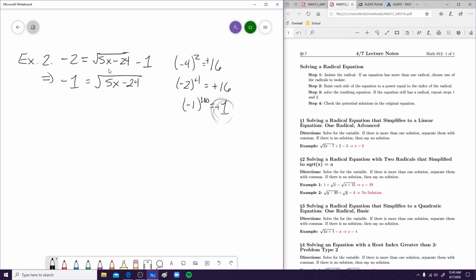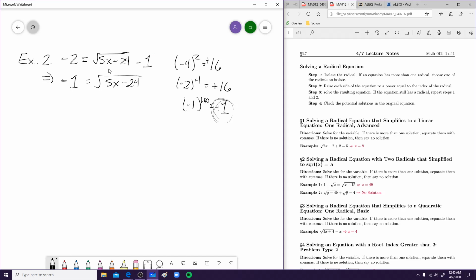And with an even root, what do we know about even roots? There can't be a negative under it. But that's another point. When you take the square root of something, the principal root of a positive number should always be positive, right?